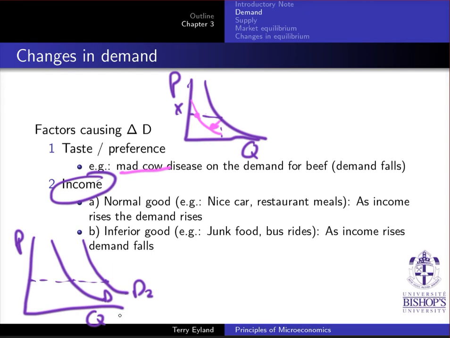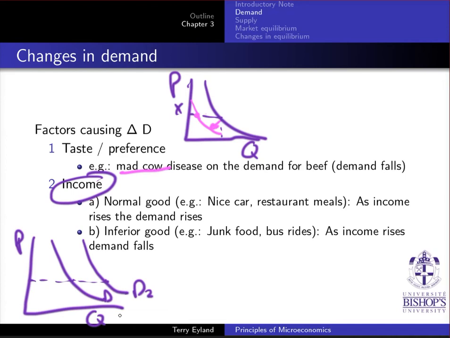Okay. This is just me, on my own, but if you were to think about demand as a whole, as a large situation with a lot of people, as the economy does well, normal goods will typically do better because as people make more money, they go out to the restaurant more and things like that.